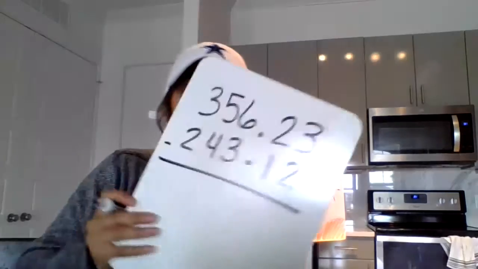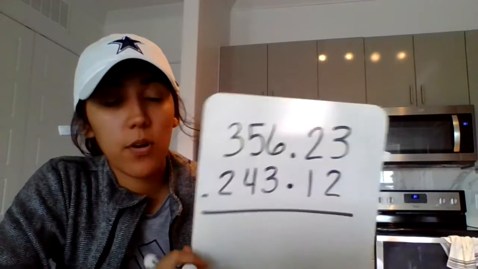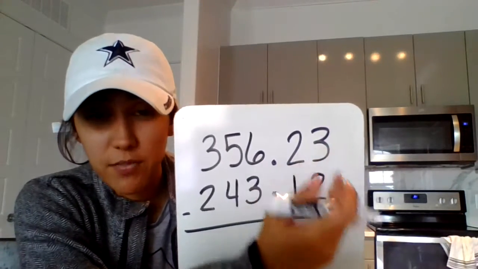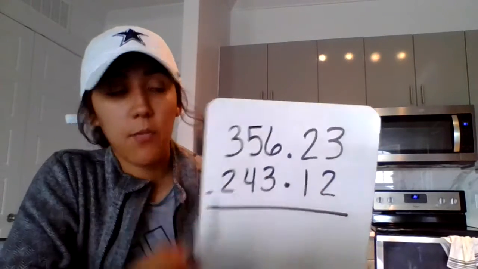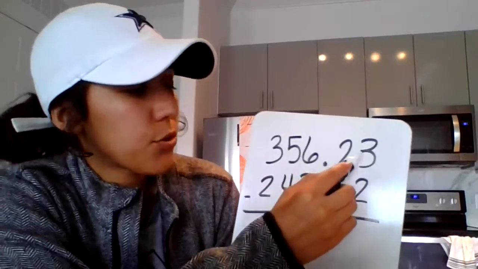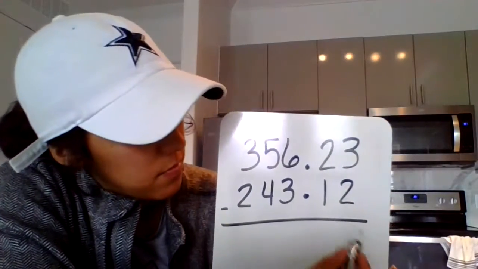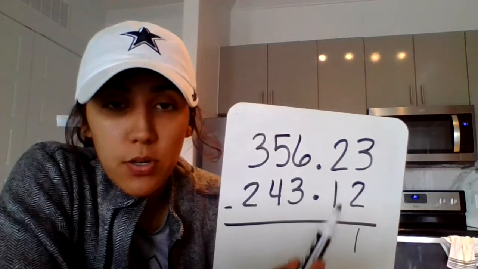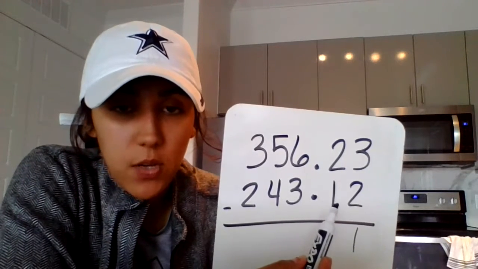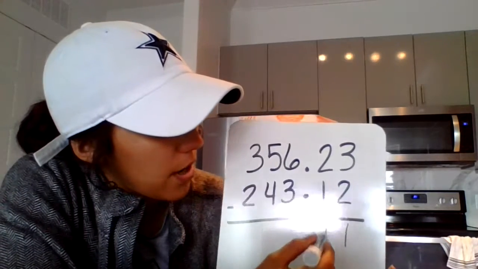Okay, so when you have it set up, it should look like this. And we're going to start off in the smallest place value, which is the hundredths place for this problem. And we're going to make our way over. So 3 minus 2 equals 1. 2 minus 1 equals 1.